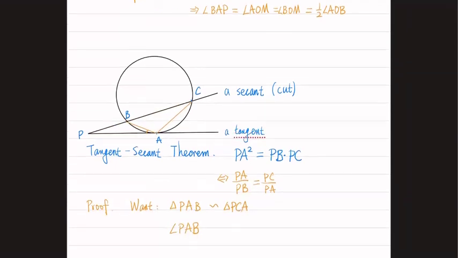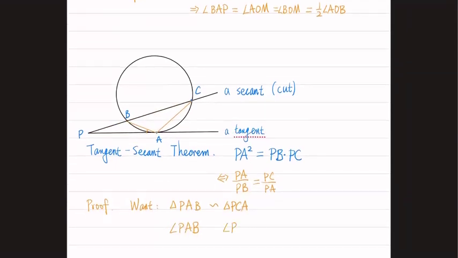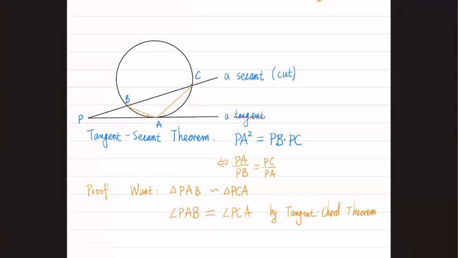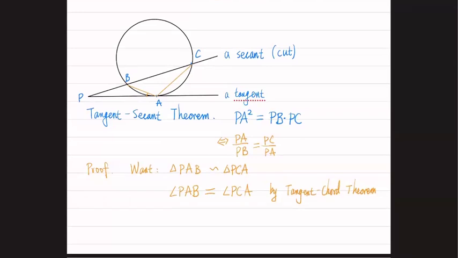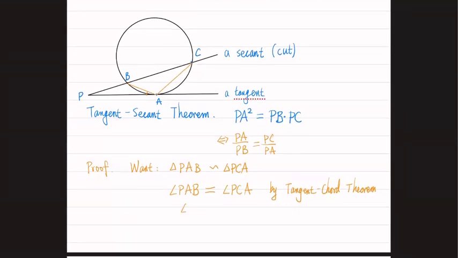So by that theorem, angle PCA, by the tangent-chord theorem. Okay, these two triangles also share the common angle at P. From these two, I conclude the two triangles are similar.